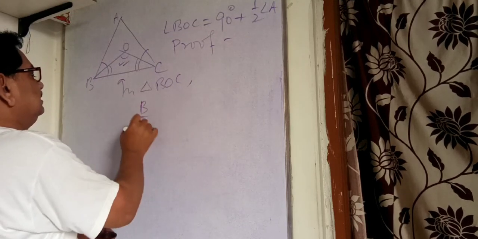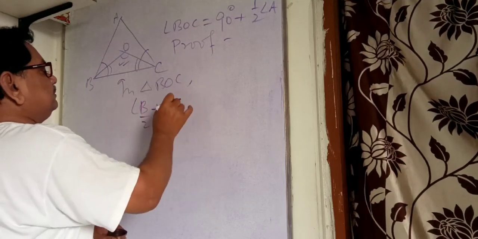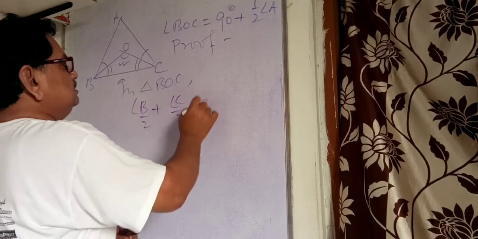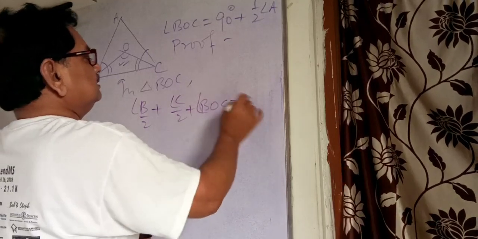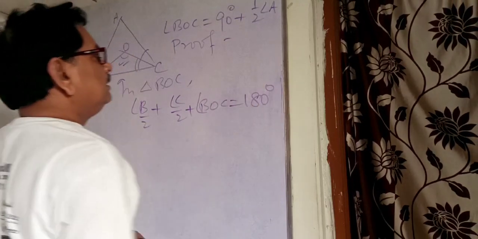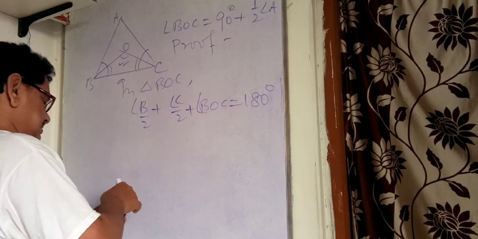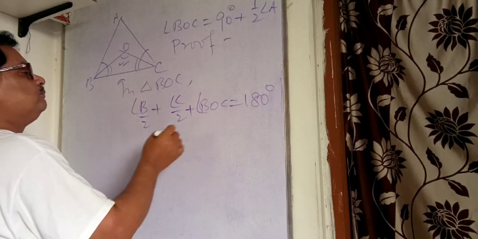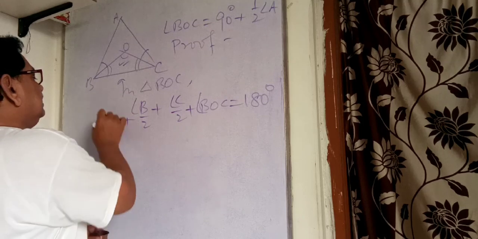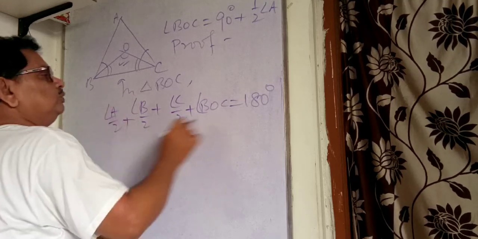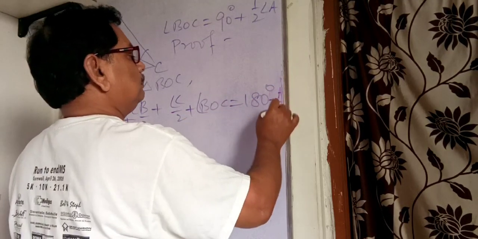Half B plus half C plus BOC, all these angles are equal to 180 degrees.